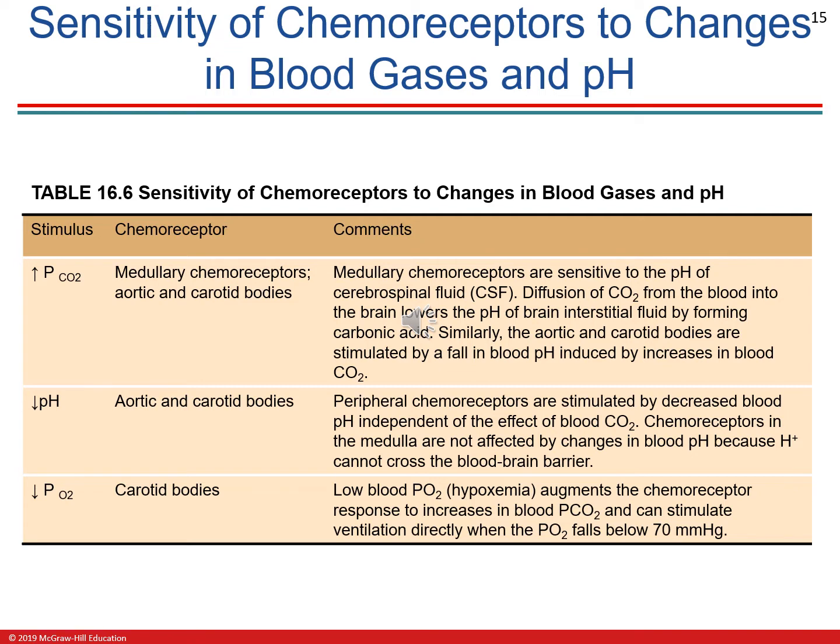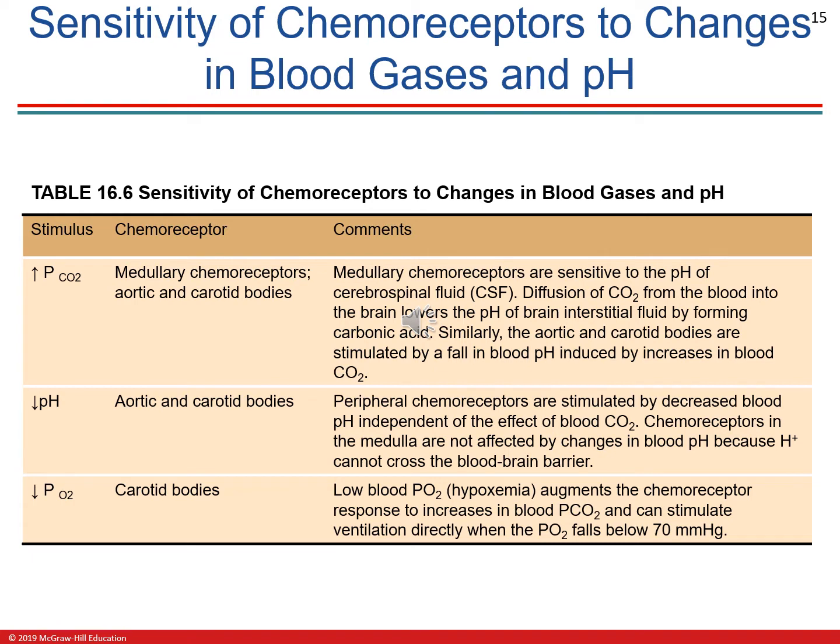frankly, what you have to keep in mind is what happens if the pressure of carbon dioxide increases above the normal level and how this affects the pH. On the contrary, the same thing: what happens when the pressure of carbon dioxide decreases below the level and how this affects the pH.